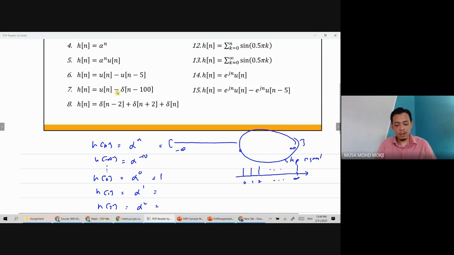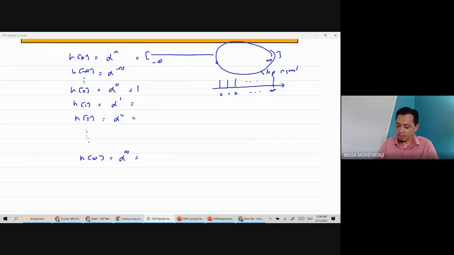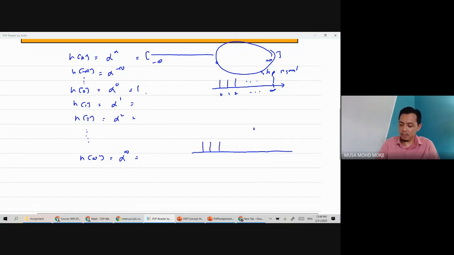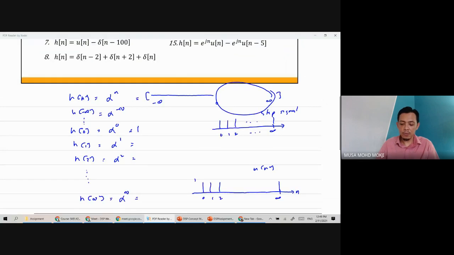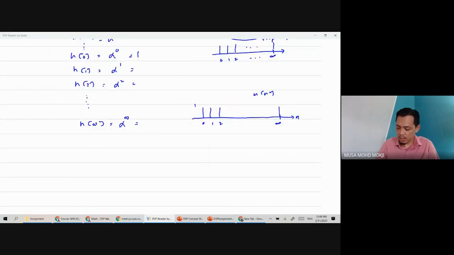And then you subtract only one value, which is delta n minus 100. You need to know how to imagine that. The best way is to sketch. This is un, up to infinity, 0, 1, 2. Everything is 1. And then you have another one, delta n minus 100, so maybe somewhere here is 100, 0, and then you get into 100, infinity.